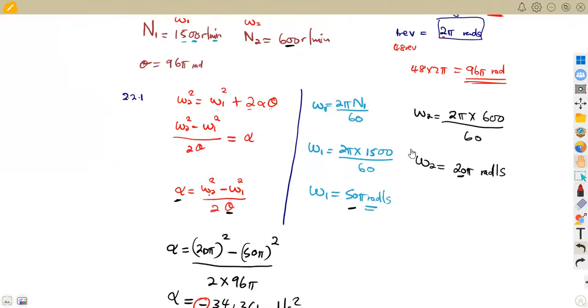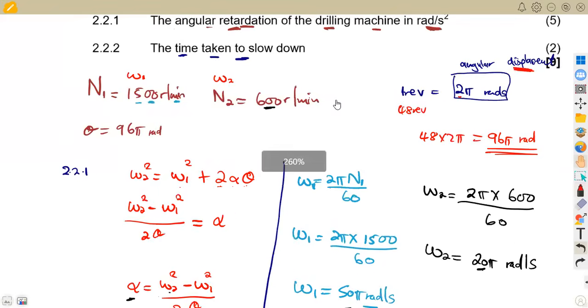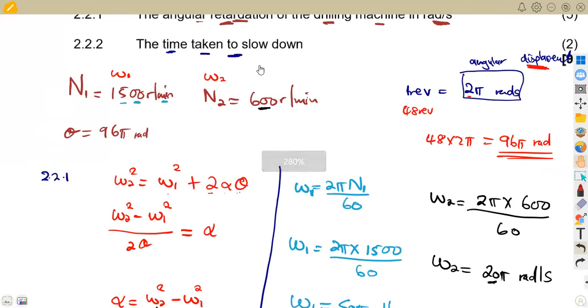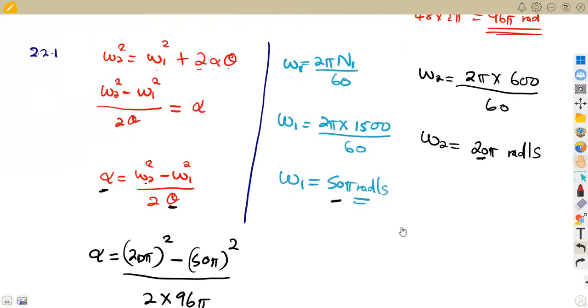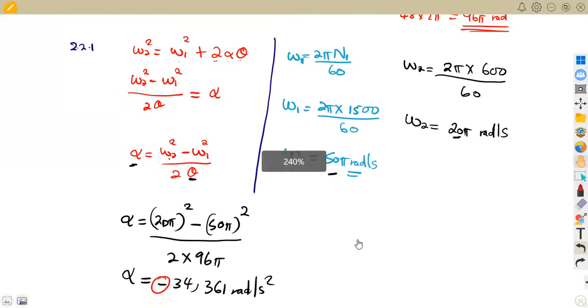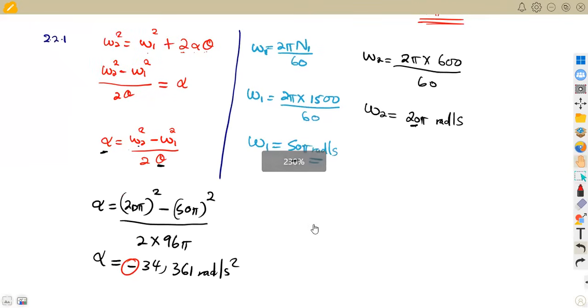Then item 2 was the one where they are asking for the time taken to slow down. All right, now we can calculate our time since we have got this alpha. Let us choose which formula we can use from what we have. Remember, we have got omega 2, omega 1, alpha, and the one unknown, time.